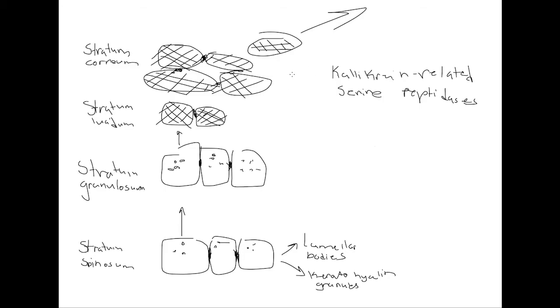So when there's a lower pH, these proteins are going to start to degrade these desmosomes. Now, an inhibitor is actually going to prevent these proteins from degrading any desmosomes lower down.